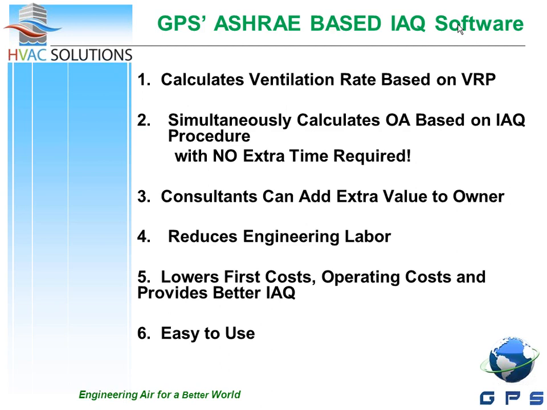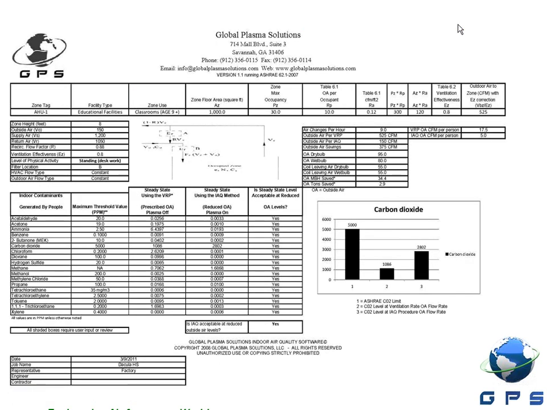GPS uses ASHRAE-based, what I'm going to call IAQ strategies. So they're not taking anything for granted here. They're taking everything right out of ASHRAE to calculate the ventilation rate. Here's an example of what it looks like.